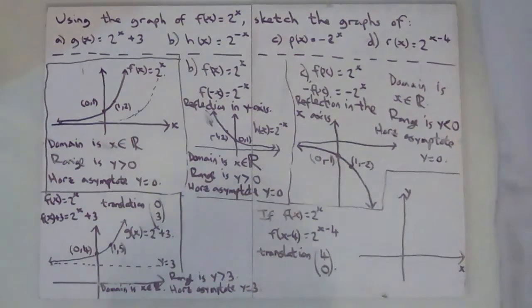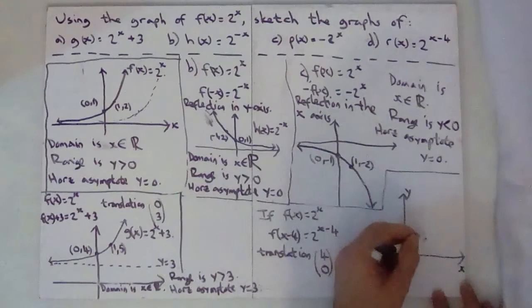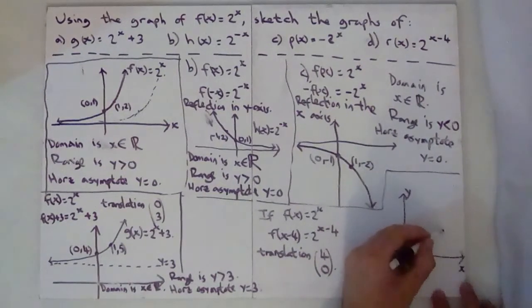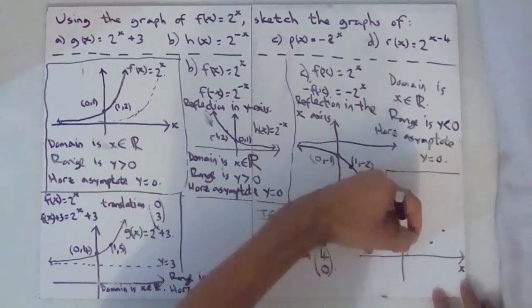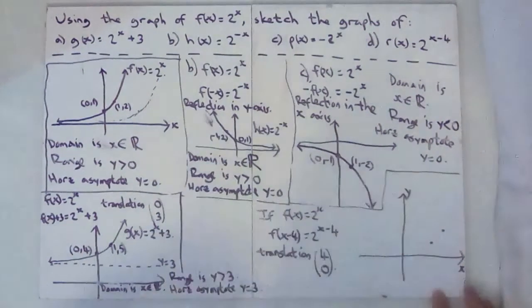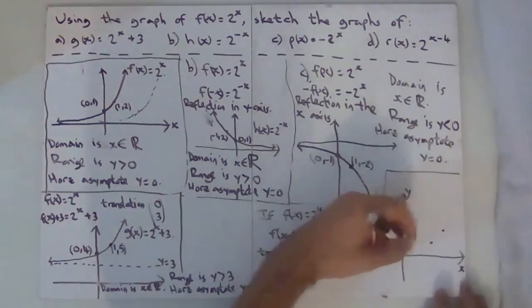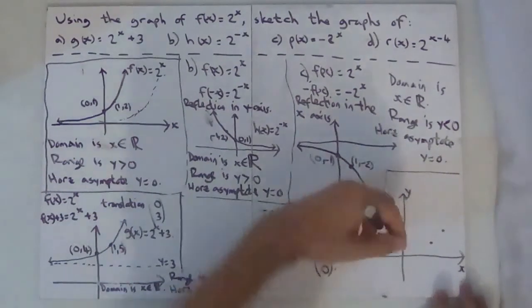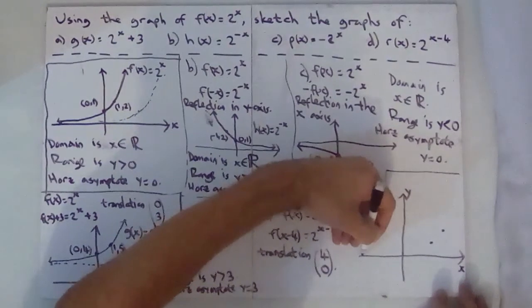So as I was saying, I want this (0, 1) to be at (4, 1), so 4 across and 1 up, and then 5 across and 2 up, like that. And everything else is going to be quite low by the time it gets there. What you could do is work out that y-intercept. I'm not going to bother, but it's going to be really close to 0, and if you really wanted to draw this nicely, it could be a good scalar.